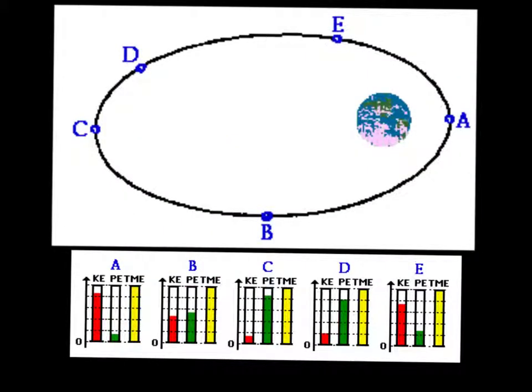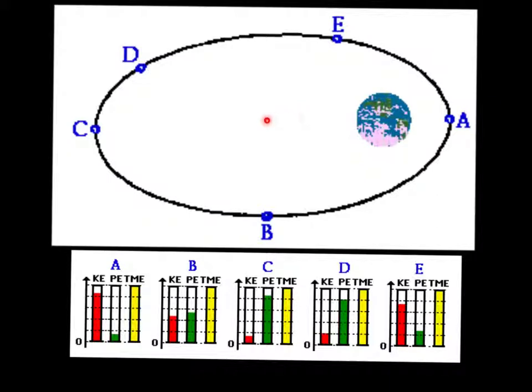Let's take a look at this scenario. Let's see how this potential energy, kinetic energy type of thing switches off and changes. First of all, where do you think we have the greatest potential energy? At position A, B, C, D, E. Well, remember, potential energy is the mass times the gravity times the height.